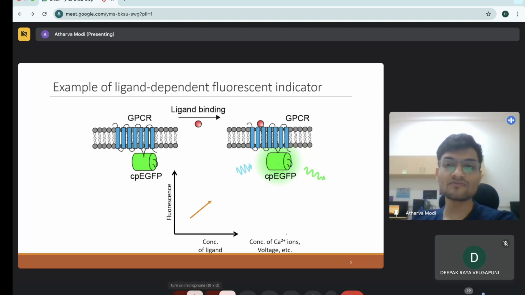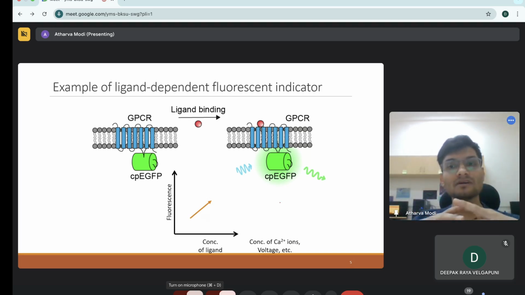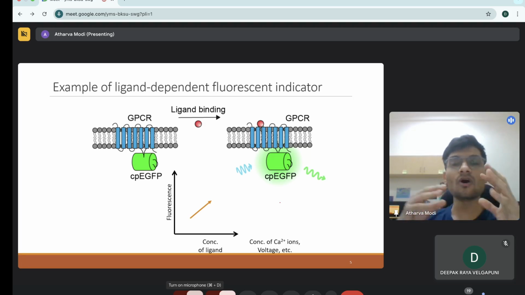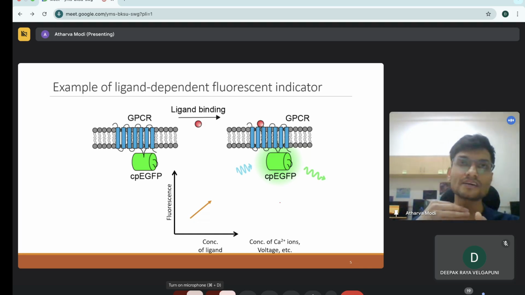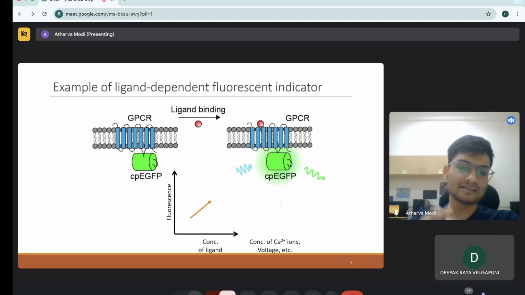Now if this kind of indicator is present in your cytoplasm, and an influx of calcium happens, then you will get an increased fluorescence overall. If some cells of that area fire, you will get an increased fluorescence. If all cells fire, then you get a very high fluorescence. That is the kind of characteristic these biosensors have.